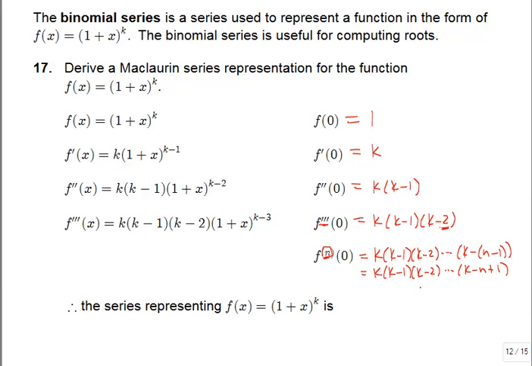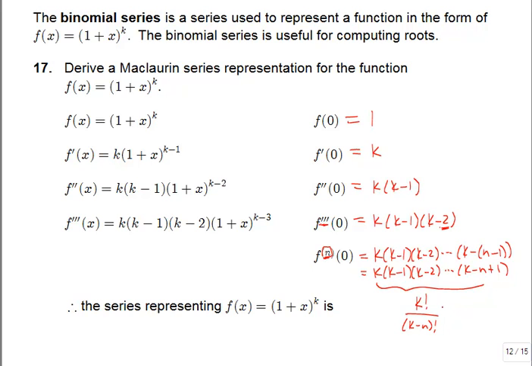And just to note here, this product is related to k factorial, which would be k all the way down to 1. But notice I'm not going all the way down to 1. I'm stopping at k minus n plus 1. So what we can do is divide this by k minus n factorial, and that's all the lower terms that we're losing, that we don't have in this product.